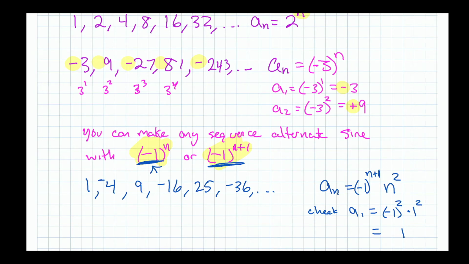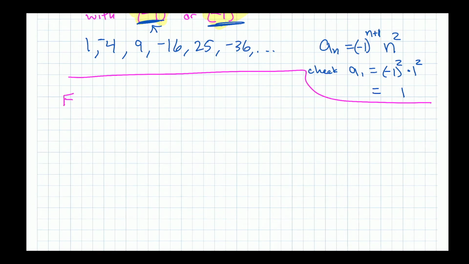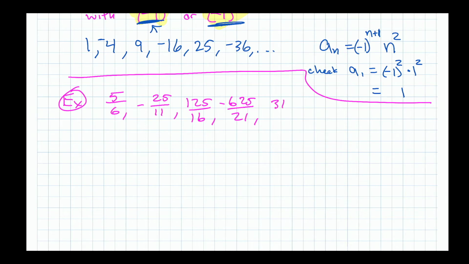There we go. So the actual problems have more than one thing going on in them. So like, here's an example. 5 over 6, negative 25 over 11, 125 over 16, negative 625 over 21, positive 3125 over 26.